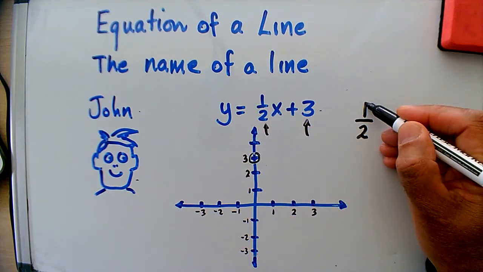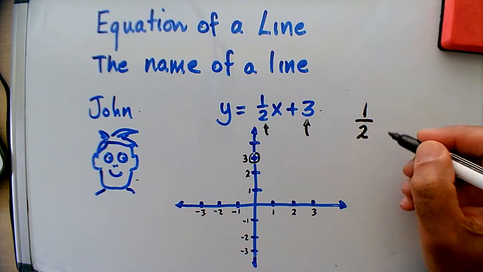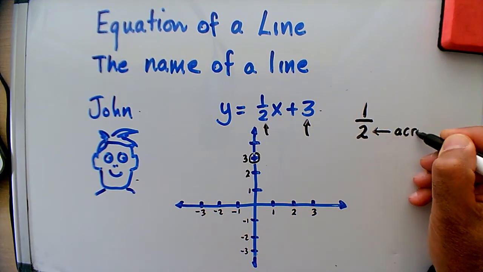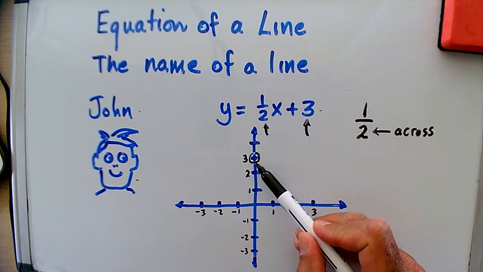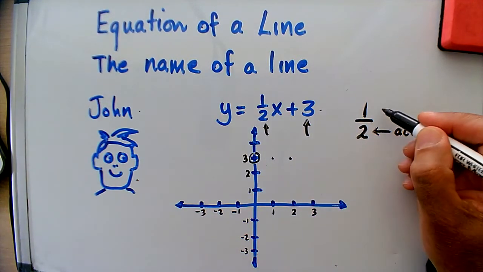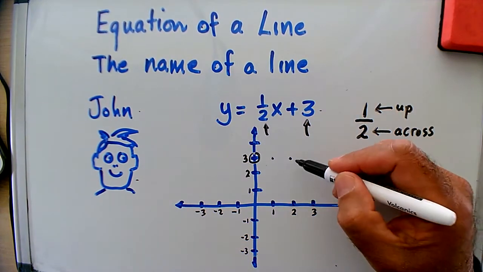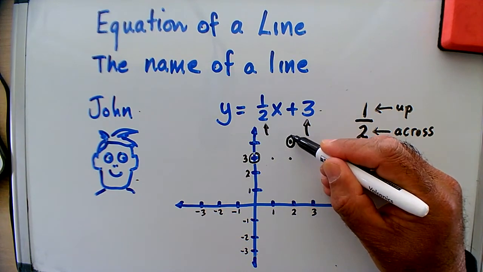Now, knowing that, I go back to the gradient, which is 1 over 2, and this tells me to go 2 across from the point where it cuts the y-axis. So I go 1, 2, and it tells me to go up 1 from there, and I get to there.